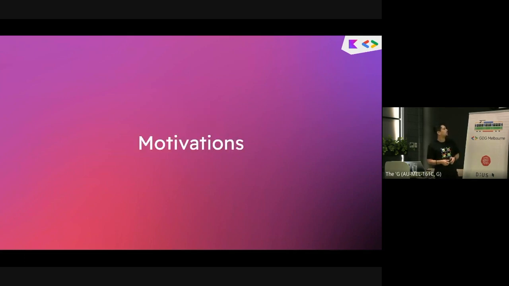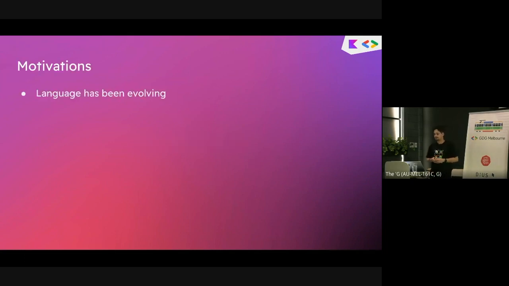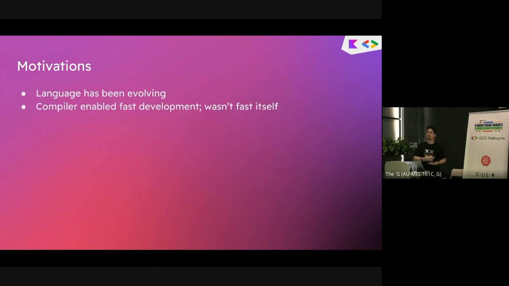Okay, let's cover the motivations of why Kotlin K2 as a compiler is being built. Kotlin as a language has been evolving. You have heard so much about multi-platform and new things that are coming with Kotlin, and the language itself has new syntax and new stuff going on. The original compiler, which we are still actively using these days, was made to develop fast things, but the compiler itself isn't very fast.